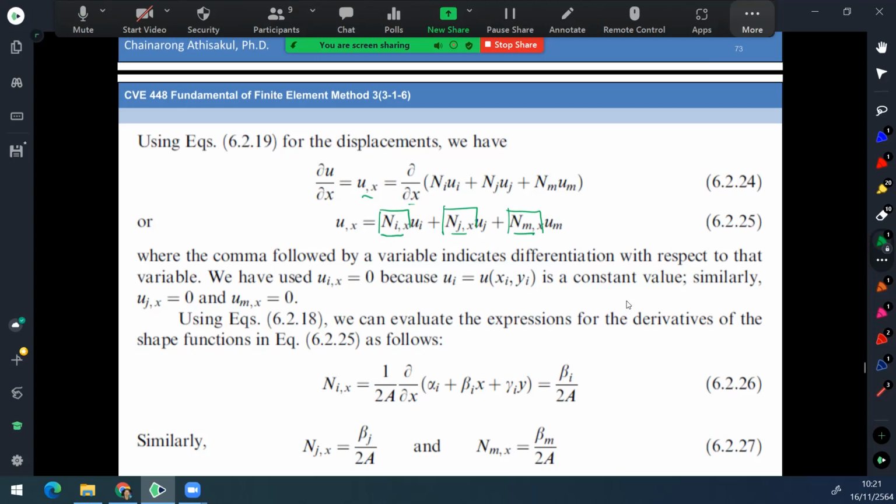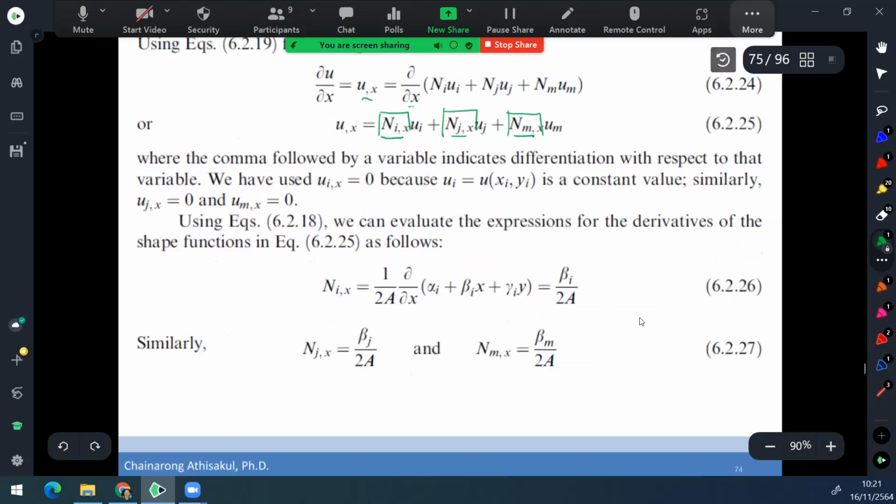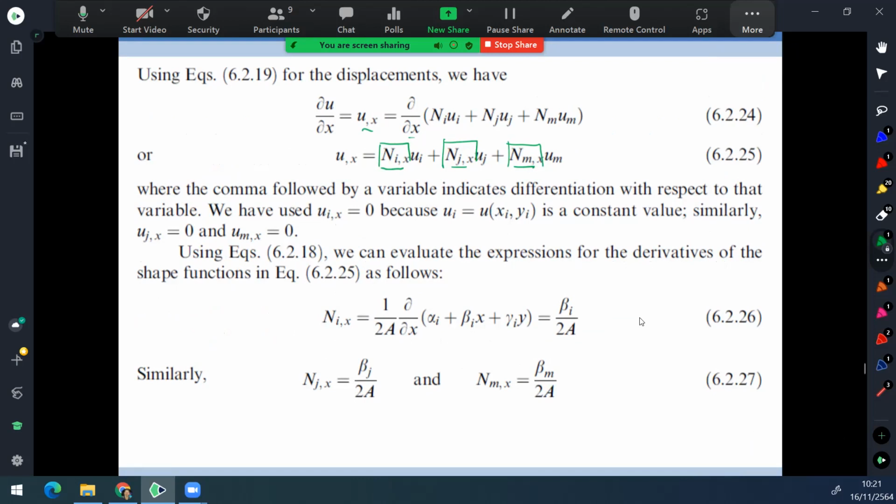When we take the first derivative, we obtain the derivative of Ni with respect to x equal to beta i over 2A, and similarly for Nj and Nm, we have beta j over 2A and beta m over 2A.